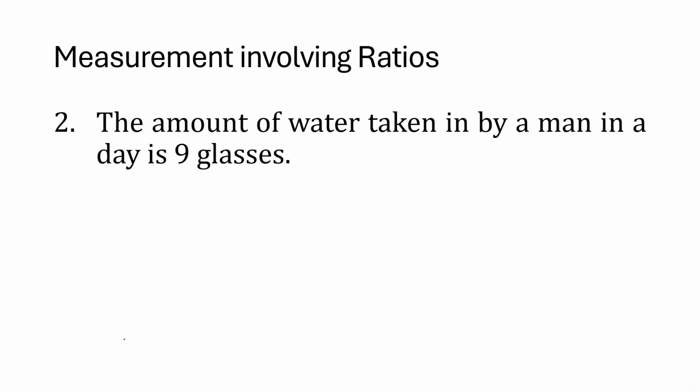Number 2, the amount of water taken in by a man in a day is 9 glasses. So based on the given situation, the ratio can be written as 1 is to 9. The 1 here depicts the number of days.